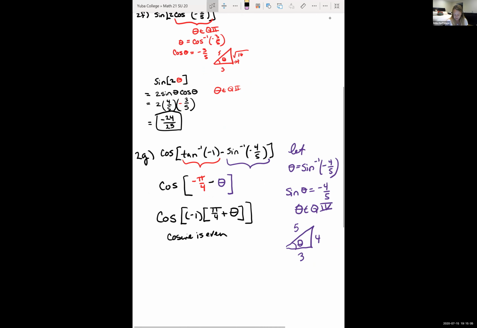Or you could have done that later. So this is cosine of pi/4 plus theta. The sum of two angles for cosine is cosine, cosine, opposite sign, sine, sine. So this is cosine of pi/4 cosine of theta, minus sine of pi/4 sine of theta.